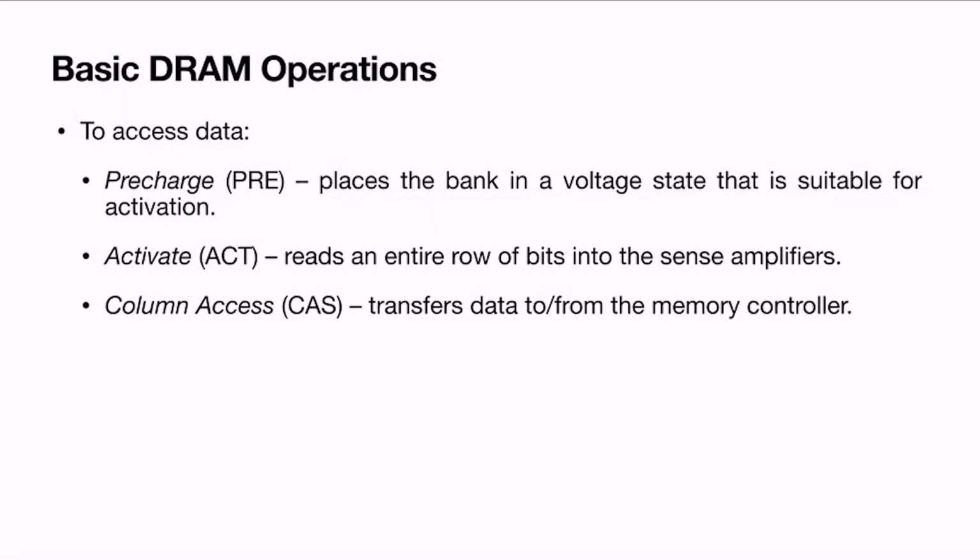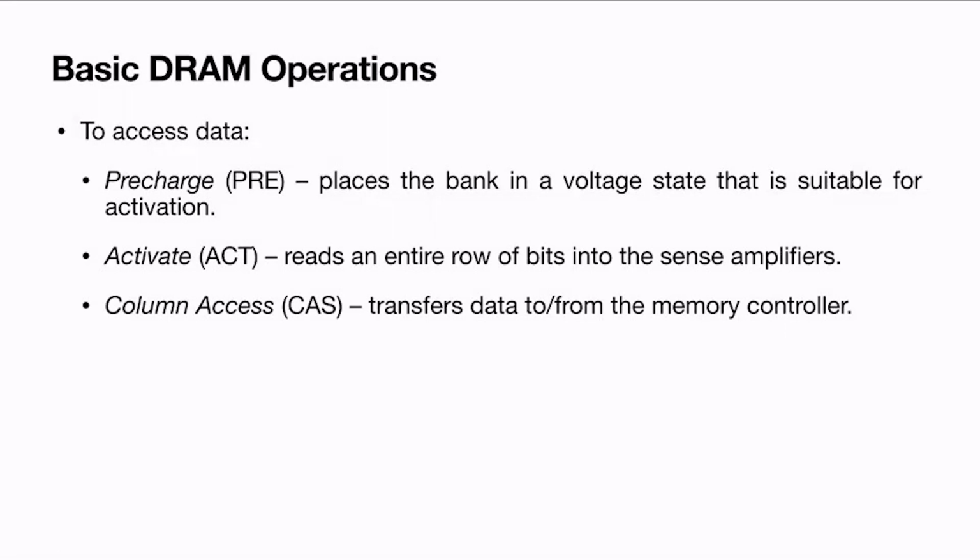And if I want to perform a write operation, I'm not going to write directly into the DRAM array. Even if I want to perform a read or a write operation, first I have to read this entire row and put it into the sense amplifier. Any operation you want to perform should be on the data stored in the sense amplifier only. You cannot perform in-place operations in the DRAM memory.